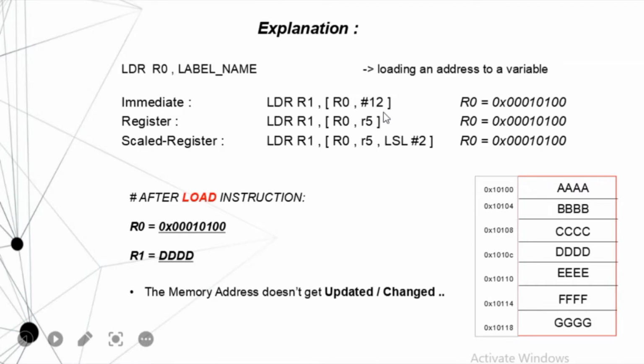Actually not 12, it will be around 24. Yes, R0 plus 24 will be the fifth index of the array. So the register R1 will be loaded with the fifth index of the array. There are many ways you can use this type of memory addressing; the scope is not limited.